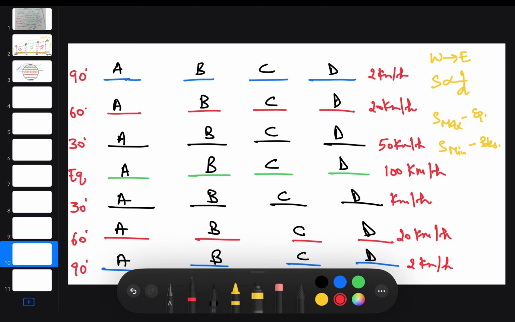Now the rotation of earth is in this direction, from west to east.